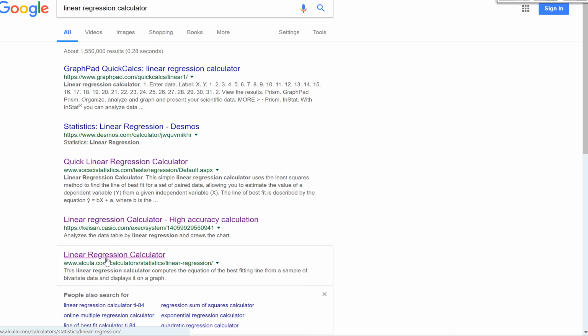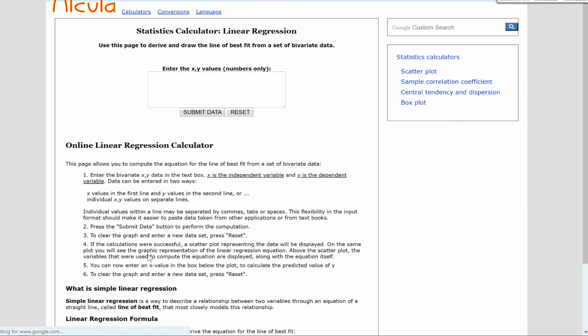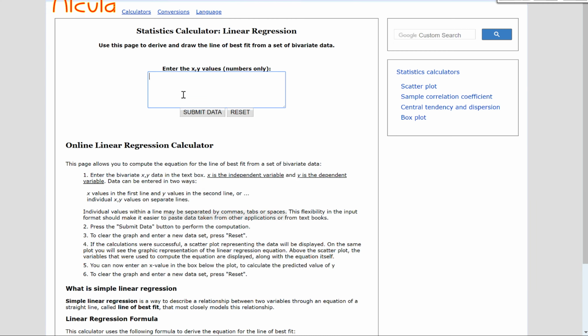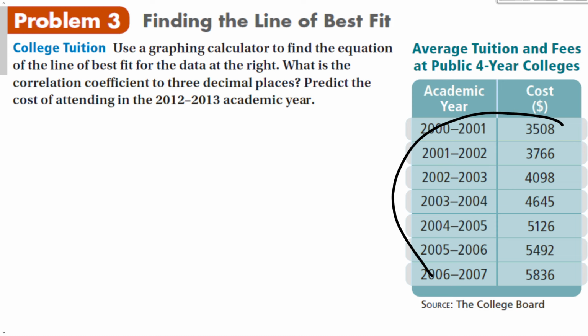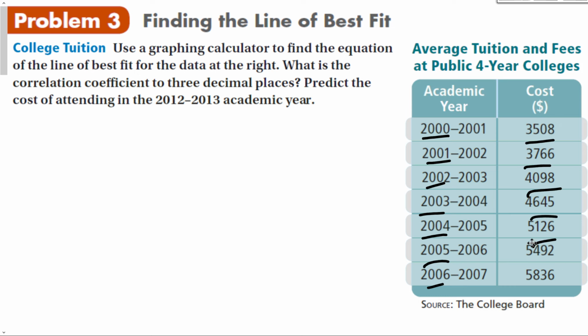I was playing with this one a little bit, so I'll go on that again. It says enter the x, y values, numbers only. So I'm going to enter these values right there, where x starts at 2000, 2001, 2002, 2003, 4, 5, 6. We don't want to put a range in for x. And here are my y values.